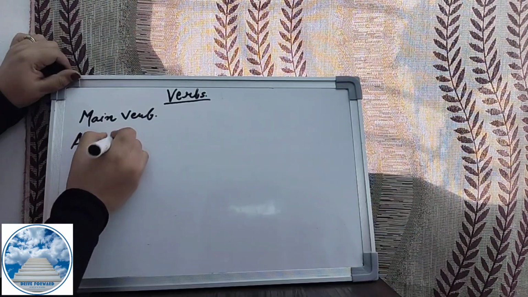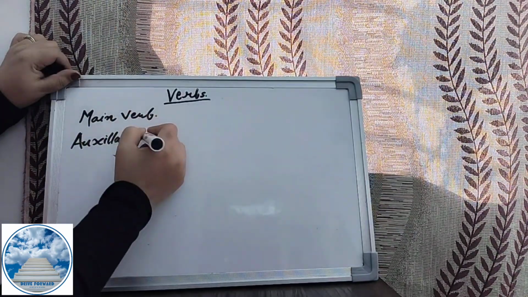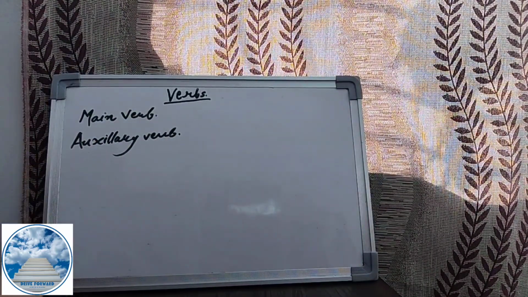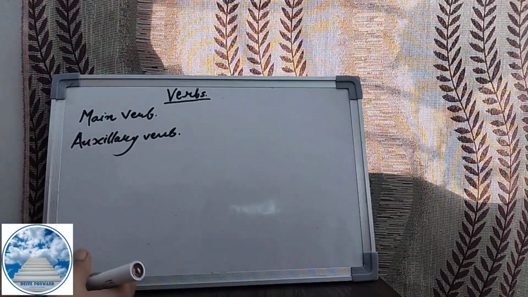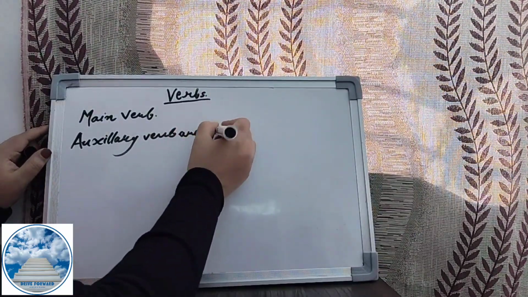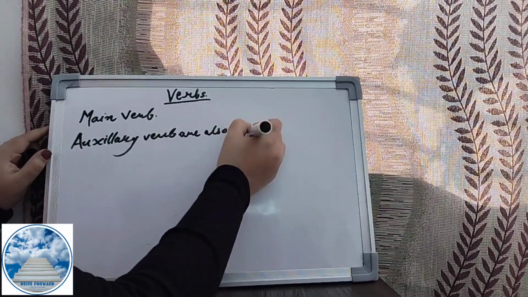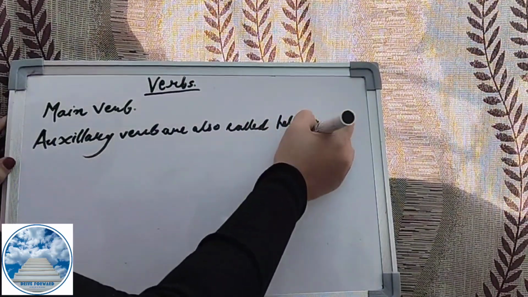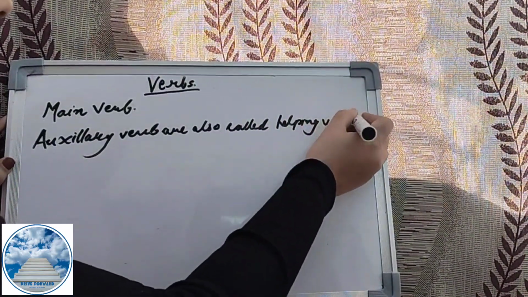This is enough for you to know. No need to go deep into these things. So, main verb and auxiliary verb. Auxiliary verbs are also called helping verbs because they help the main verb to create sentences.